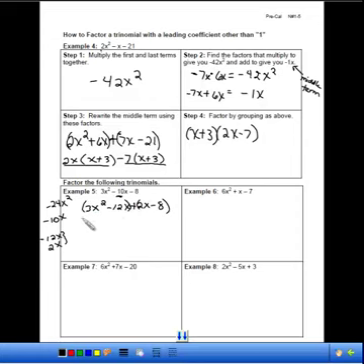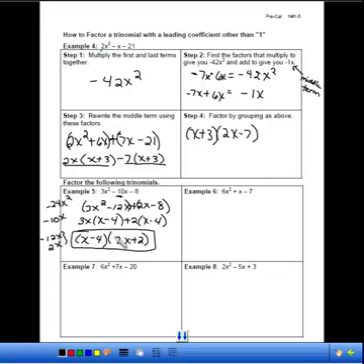Factor out the greatest common factor, which in this case is 3x, and that leaves us with x minus 4. Plus, we're going to factor out a 2, which leaves us with x minus 4. So now we factor x minus 4 out of that binomial, and our factorization then is x minus 4 times 3x plus 2. Okay.